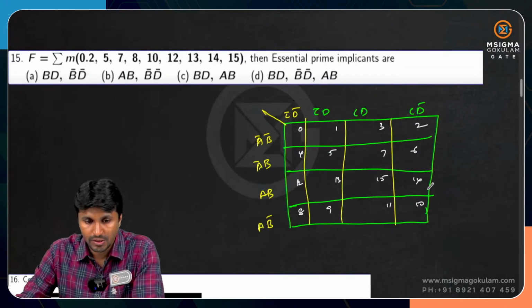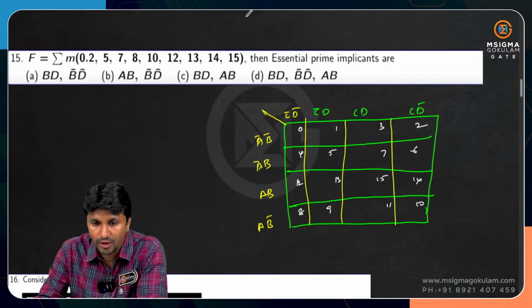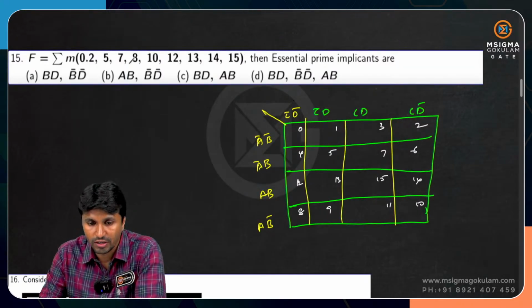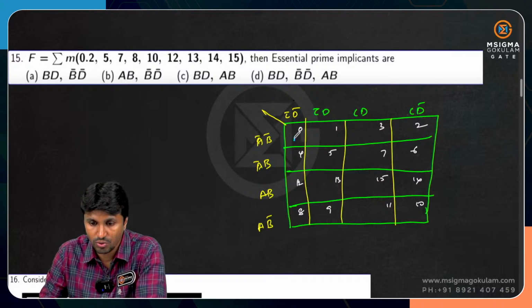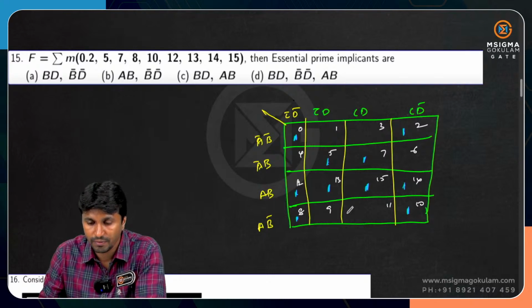I hope the min terms that we have got are correct. Look at this one: 0, 2, 5, 7, 8, 10, 12, 13, 14, 15.